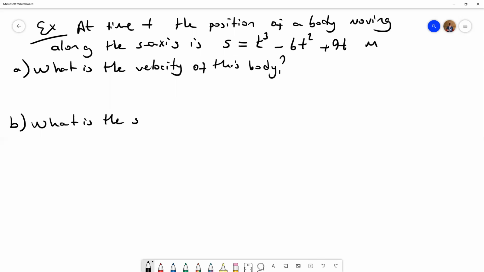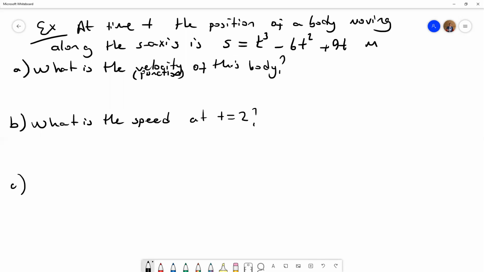You may write it like that: what is the velocity function? It's maybe better to write it for the question. Velocity function. Okay. What is the speed at t equal to 2?